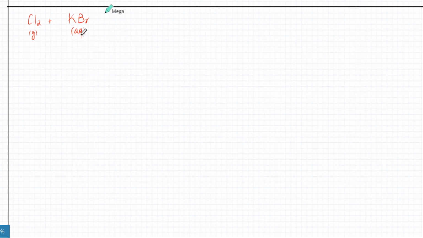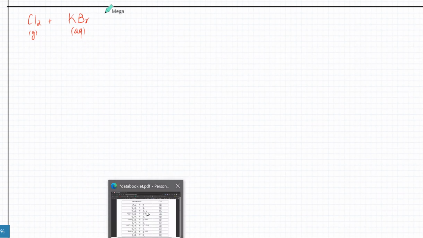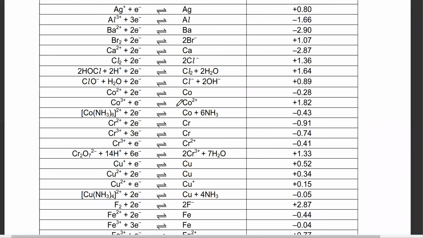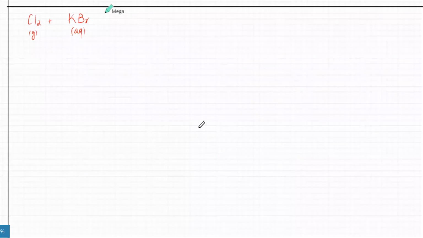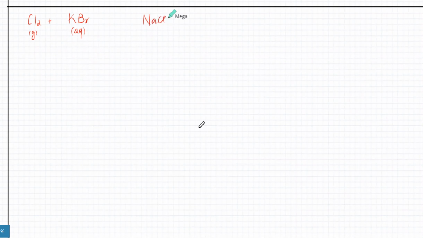Also remember that sometimes the ions can be tricky. If you're confused about the ions, the data booklet has a lot of ions. For example, if they wrote NaClO, and you don't know what the ions in NaClO are, you can immediately check that Na is +1.